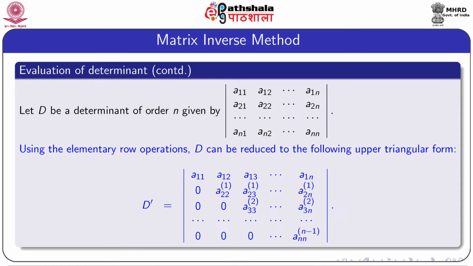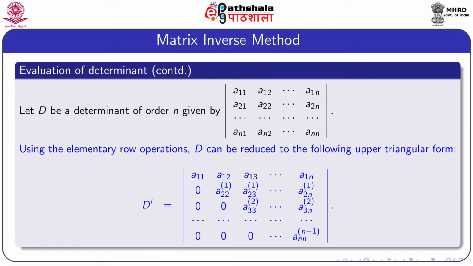Note that the first row of the determinant D dash remains unchanged, and the first element of the second row is 0, and all other elements are changed according to the elementary row operations. The first non-zero element of the second row is a22 superscript 1. The superscript 1 represents the new value of the element a22.